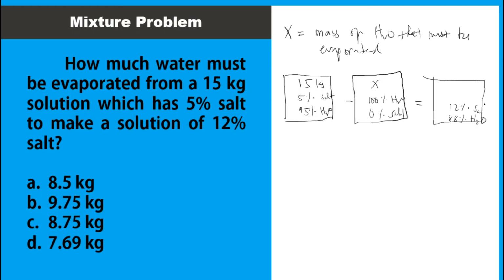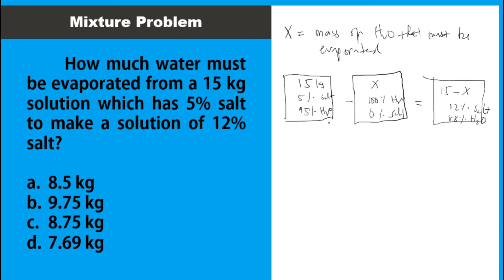This is salt. And here we can have a mass balance. If we subtract X kilograms of mass from 15, the resulting mass is 15 minus X. So this is our mass balance.